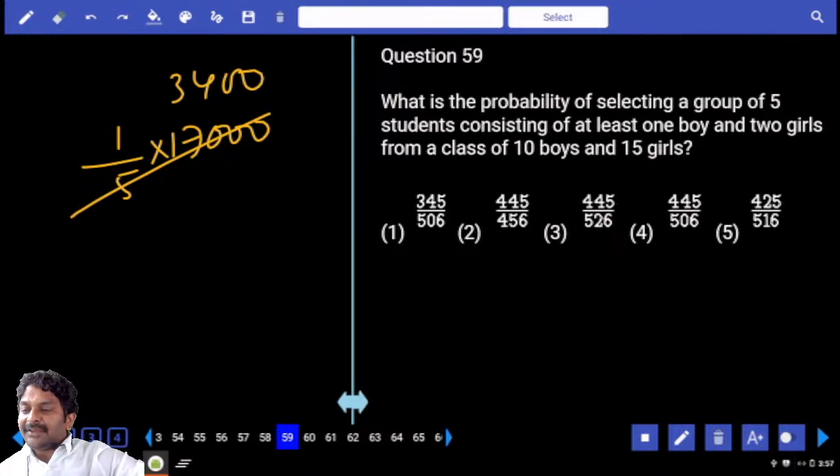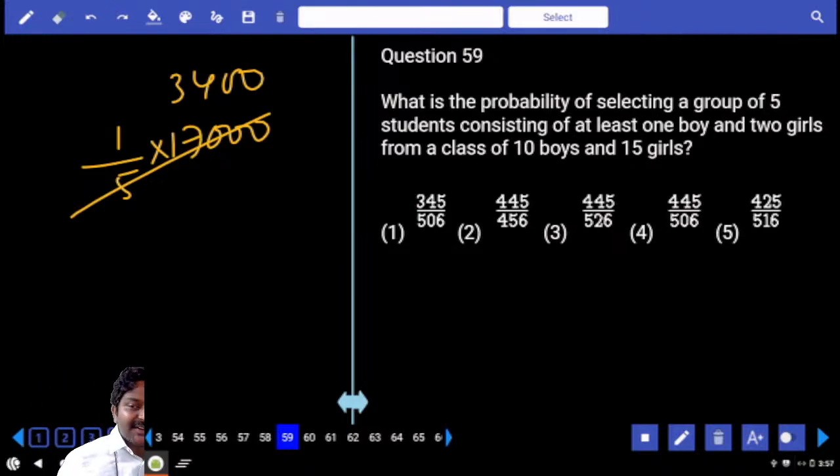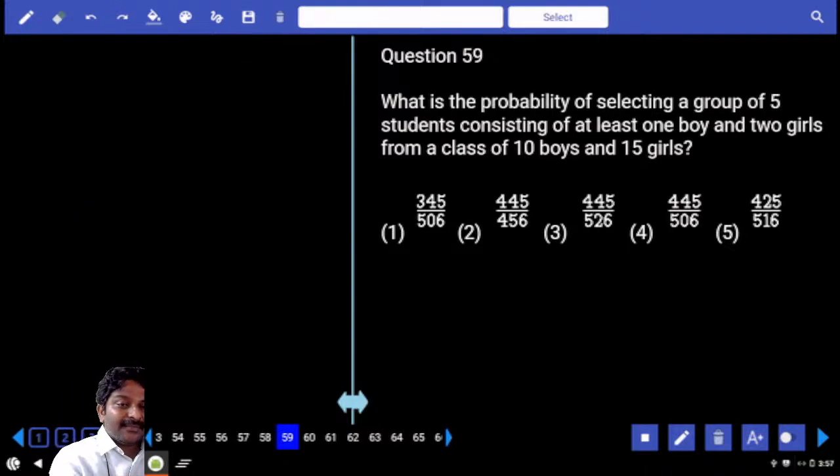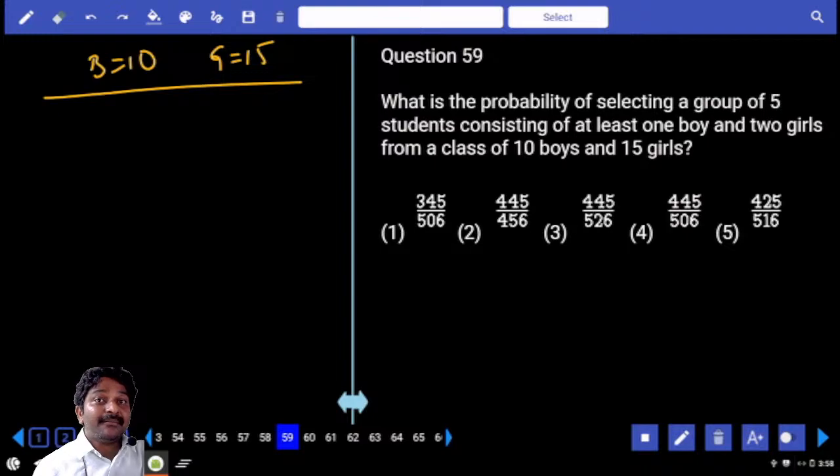What is the probability of selecting a group of 5 students consisting of at least 1 boy and 2 girls from a class of 10 boys? Boys are 10, girls are 15. How many members you need to frame? You need to select 5 members. 1 boy should be there, 2 girls must be there. Right. I will select 1 boy and then 4 girls.